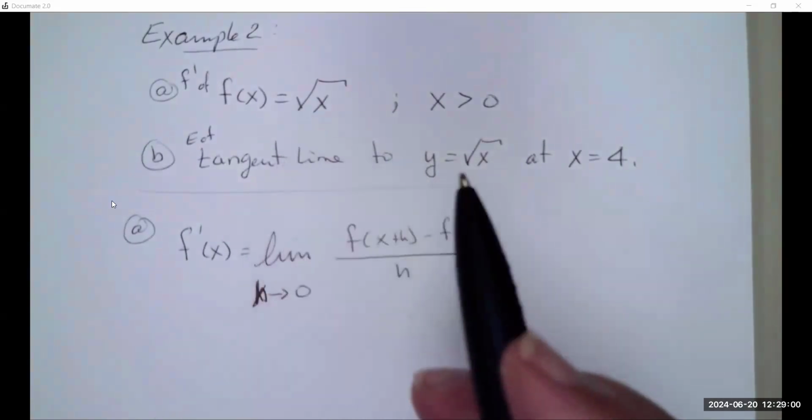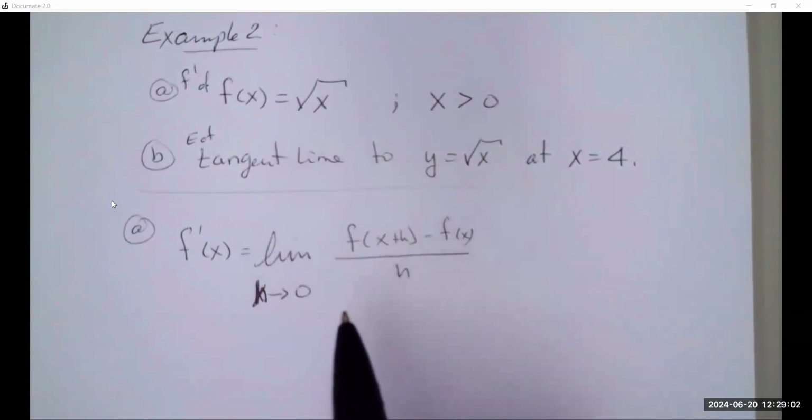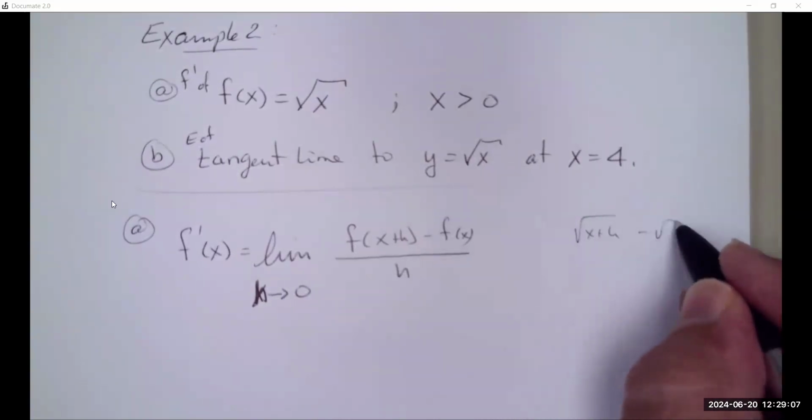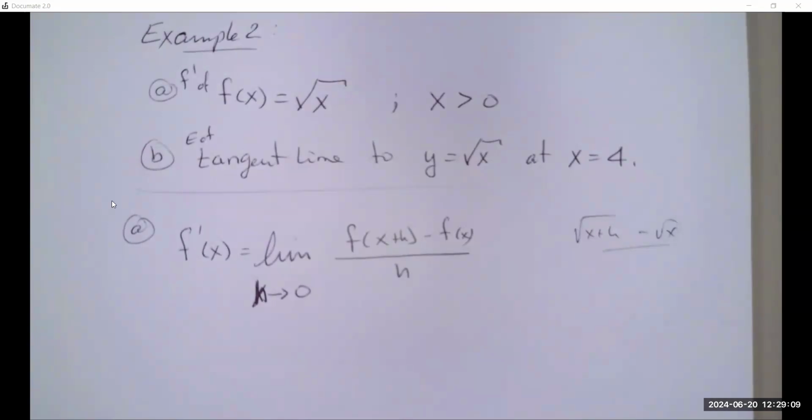Now since we have a radical here, the square root of x plus h minus square root of x, I'll show you, we can do it that way. Let's just do it both ways. I'll show you the other way.